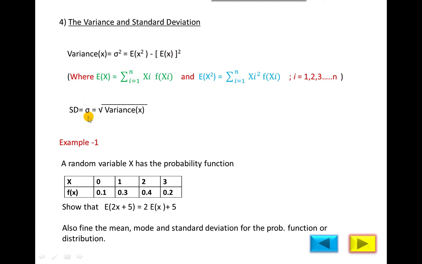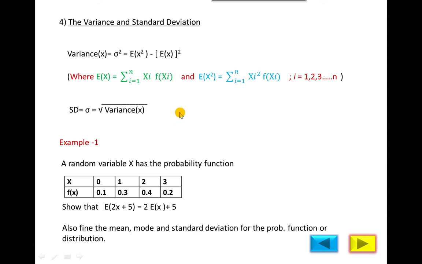You will obtain the variance sigma square. If you take the square root, it will be the standard deviation. Variance of x, square root will be sigma. So two laws are included in your syllabus. The second and third are not included because they involve bivariate variables. Okay.